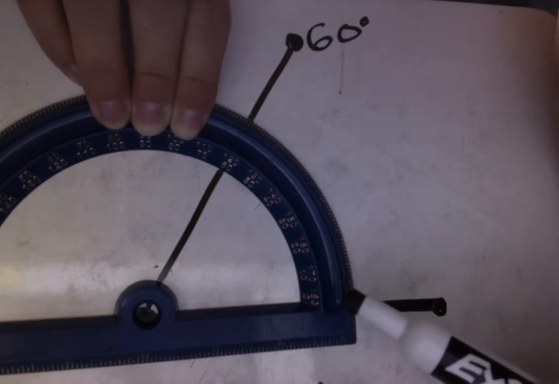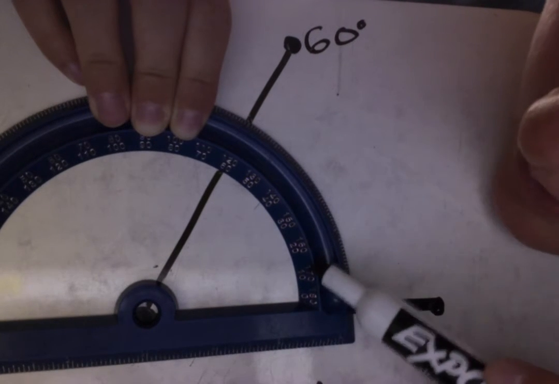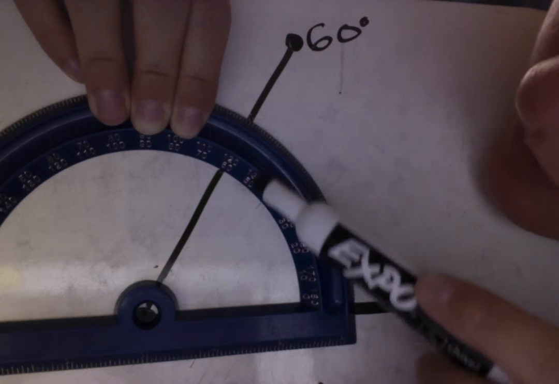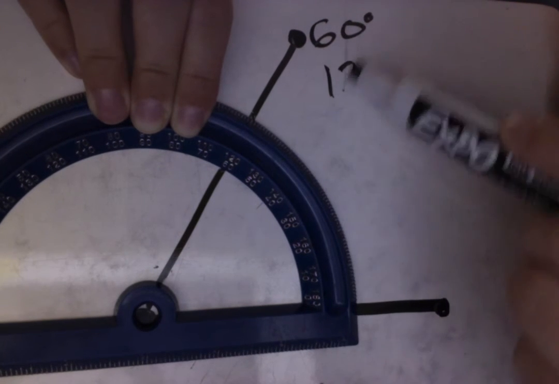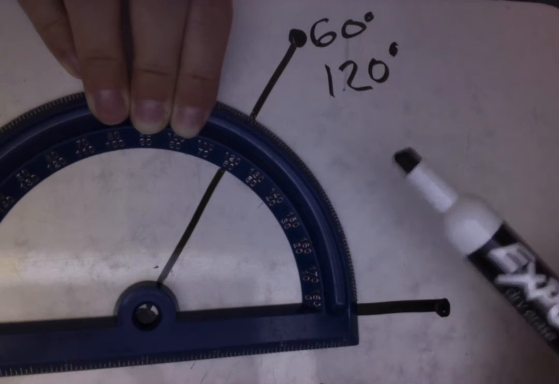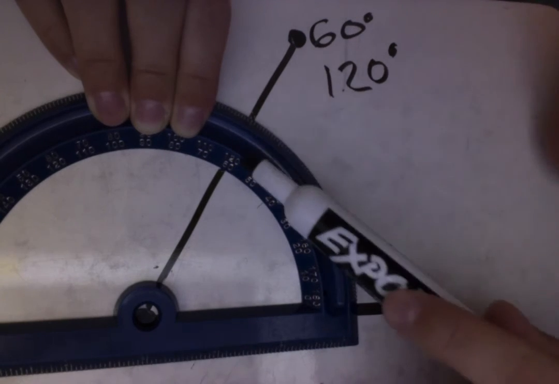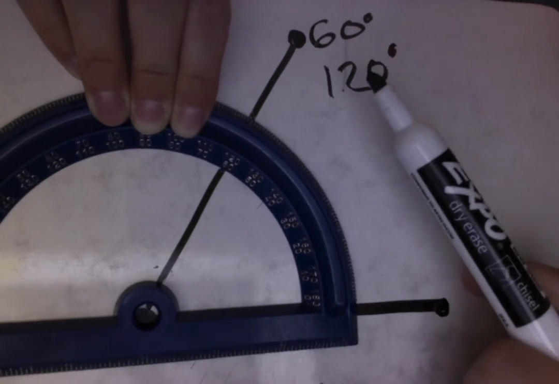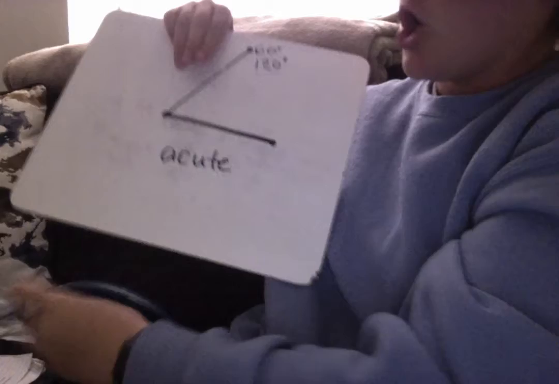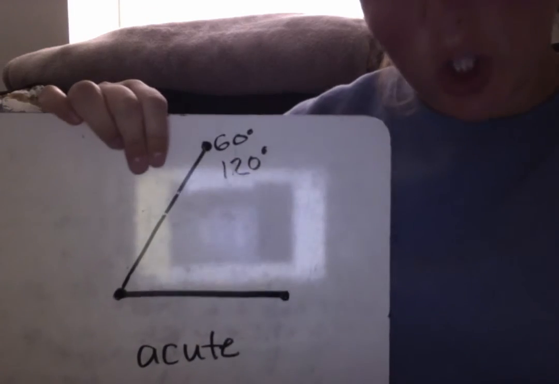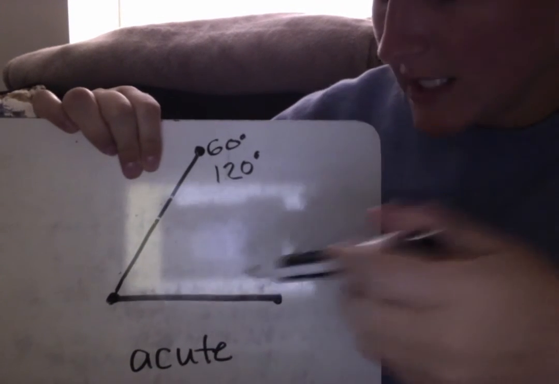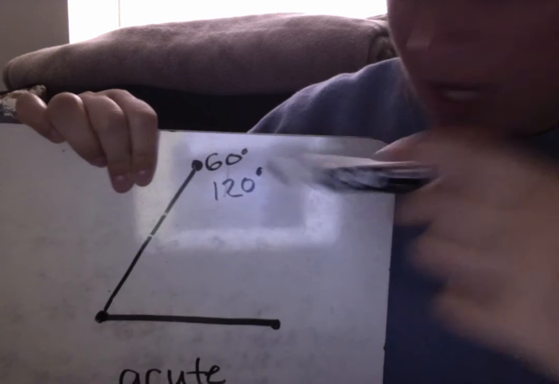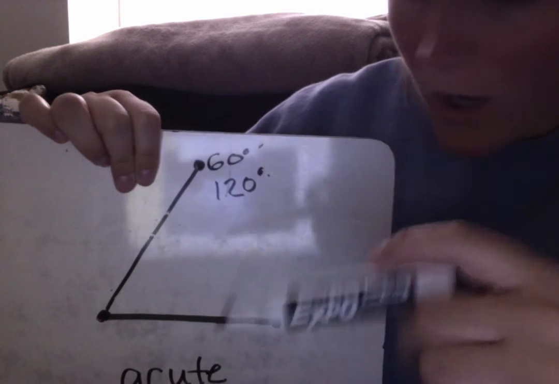For the outside numbers on my protractor, it goes 180, 170, 160, 150, 140, 130, 120. Okay, so my protractor has two numbers right here, 60 and 120. Okay, so if this is an acute angle, which I know it is because it's less than 90 degrees, is this angle going to be 60 or 120 degrees?